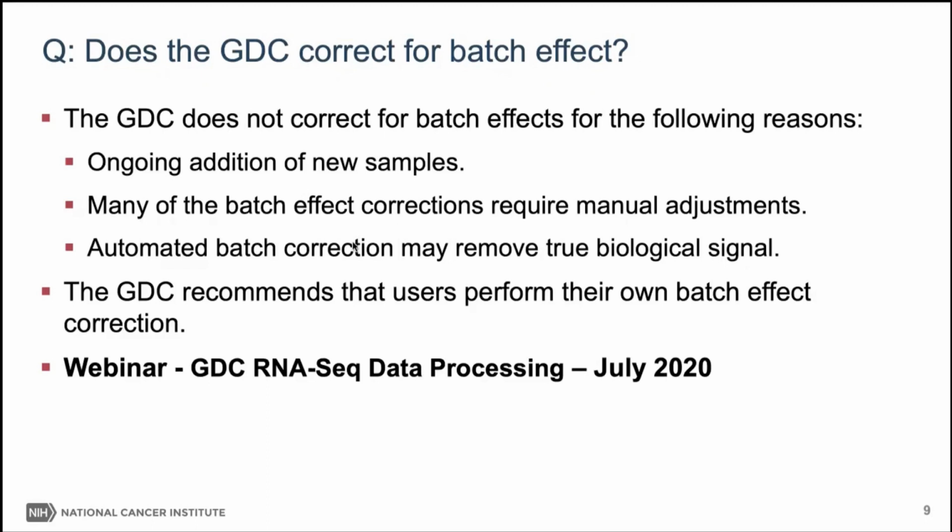Another thing is that batch effect correction, to do it properly, sometimes requires manual adjustments, which the GDC is much too large to do. And automated batch correction may remove true biological signal, especially when dealing with larger data sets. We recommend that users perform their own batch effect correction.